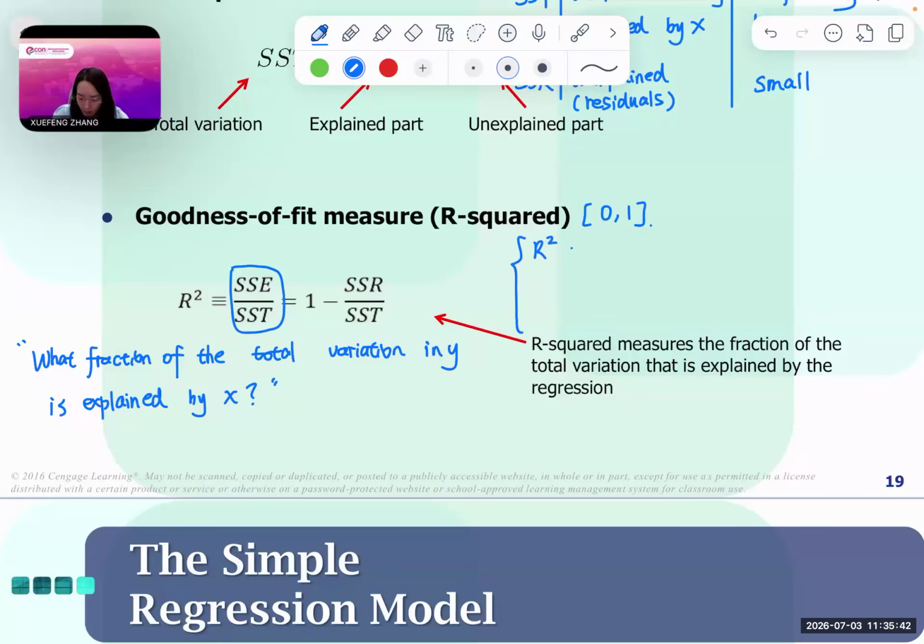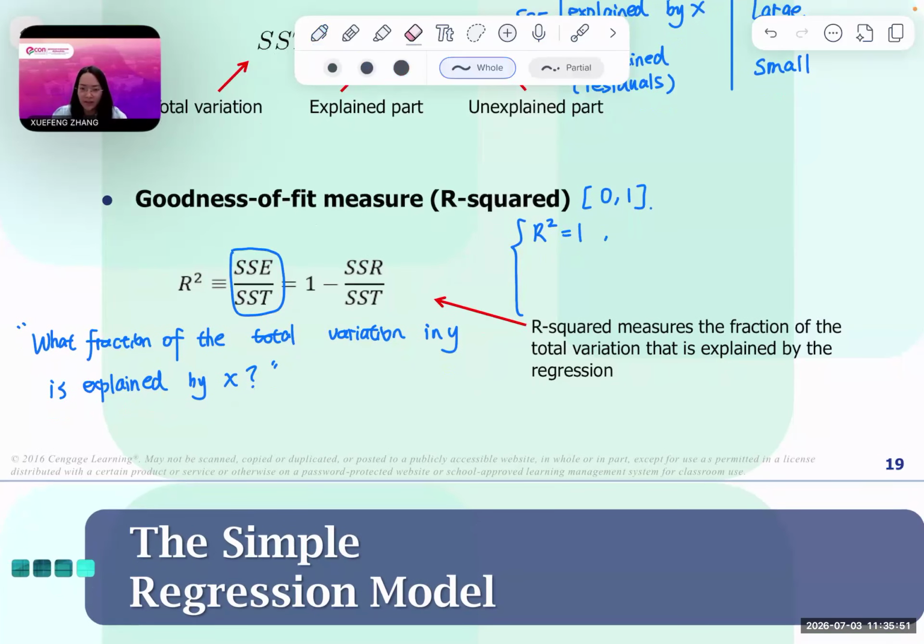If R squared equals 1, it means X explains everything. But this is not realistic. Can X explain everything for Y? No. This is a perfect fit, which means every dot is on the line.